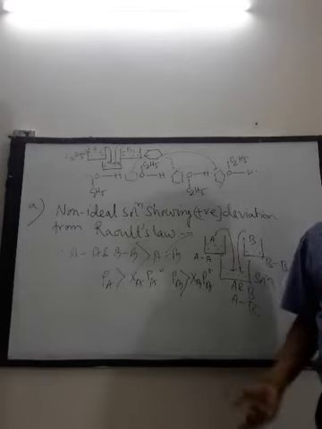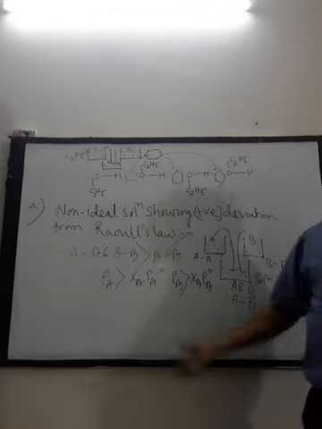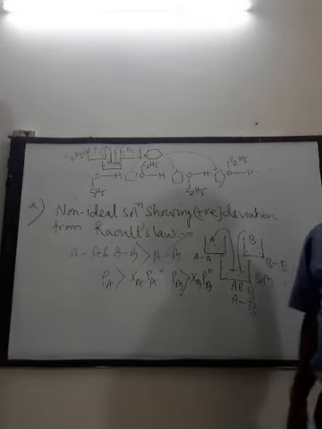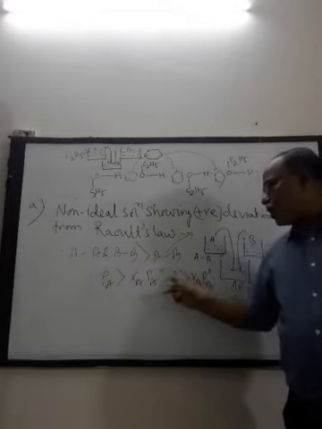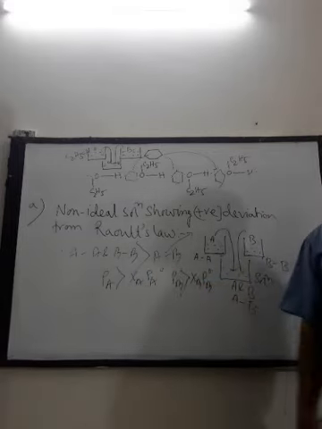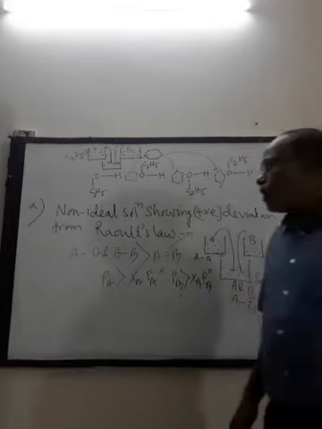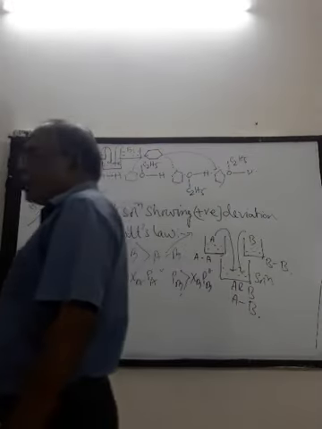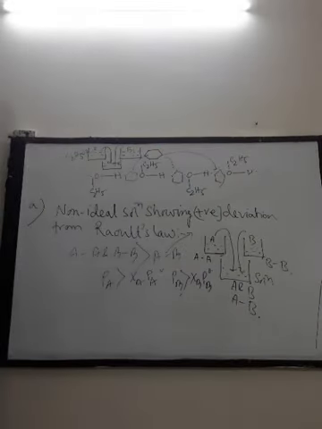As the intermolecular force decreases, there is more tendency to get vaporized. So the vapor pressure of the solution is more than the value expected from Raoult's law. That is why this is called a non-ideal solution showing positive deviation.